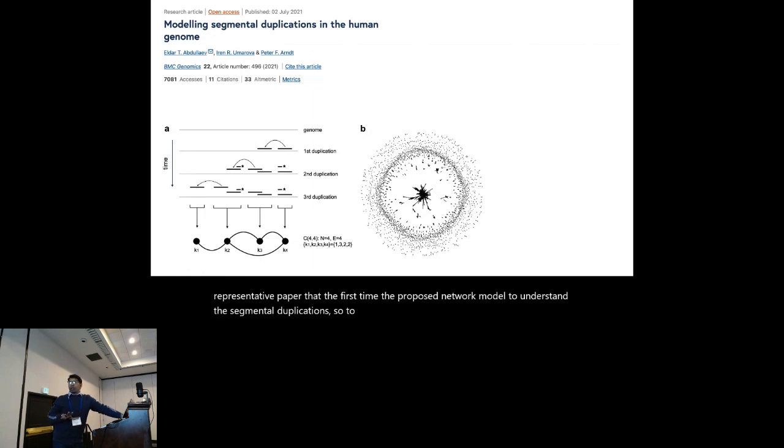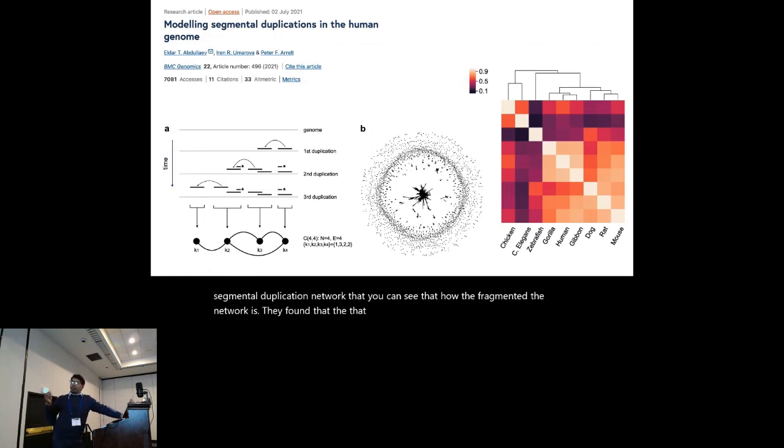They constructed networks based on segmental duplication data from Homo sapiens, where the nodes represent segments of chromosomes, and the edges describe how two different duplicated segments are aligned. This is an example of a segmental duplication network, and you can see how fragmented the network is.